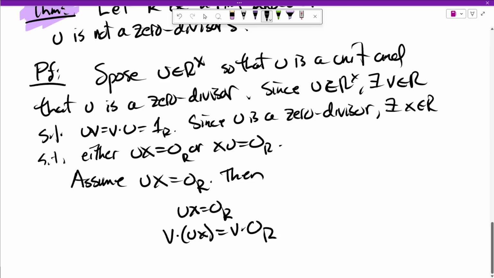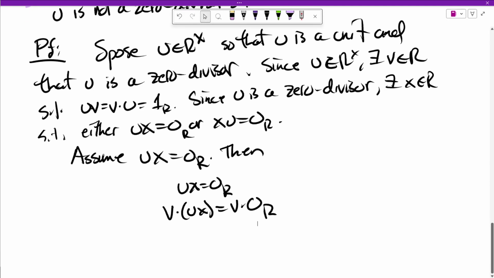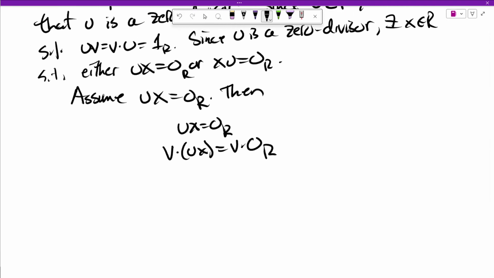we get V times UX is V times 0. Multiplication in rings is associative, so we can reassociate. And you proved in class that the product of any element of a ring times the additive identity is also 0, so that's 0.